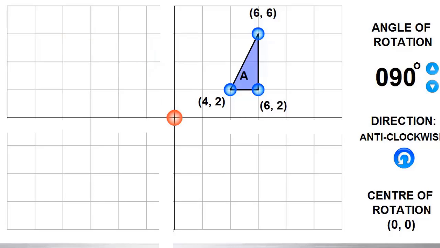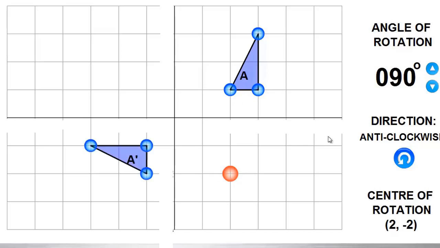Now another thing, when we have a rotation, sometimes there can be a question where the center of rotation is not the origin. If the center of rotation is here, and we have to rotate it, then it would be different.